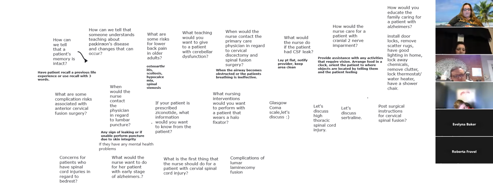Let's talk about, we have a patient that is an 84-year-old with cognitive decline. What would you anticipate is contributing to this decline? Dementia? Could be. Is it an age-related change?